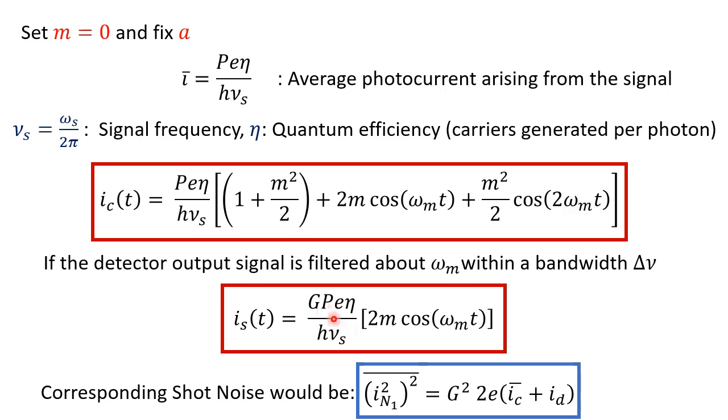Now remember, the gain is also happening for the DC component as well as for the twice omega m component, right? Both of these are happening. So let us not think that it's localized only there. It is not.